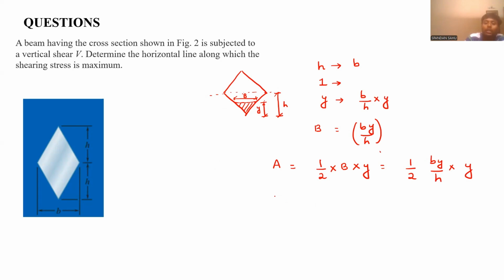Now we know tau equal to V A y bar upon I B. Correct? This is the equation.